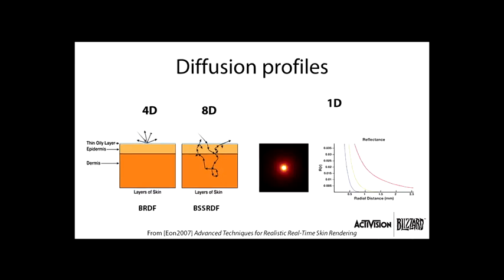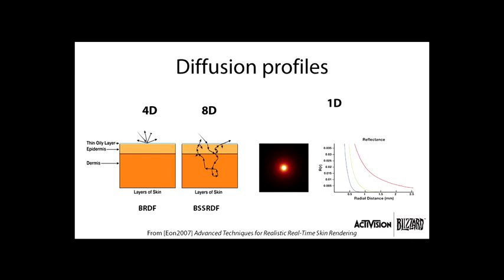So since 8 dimensions sounds like too many dimensions, the problem is usually simplified by using the diffusion approximation, which basically reduces the description to a single parameter, which is the distance to the incident point. So you can see here in this graph, where you have the distance on the x and the intensity on the y, how the light actually decays with distance and how it decays differently for each channel.